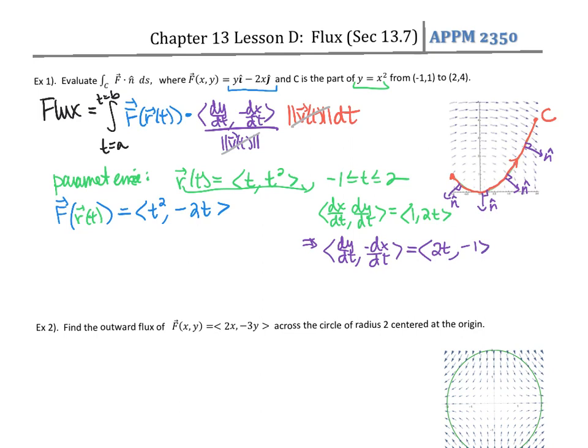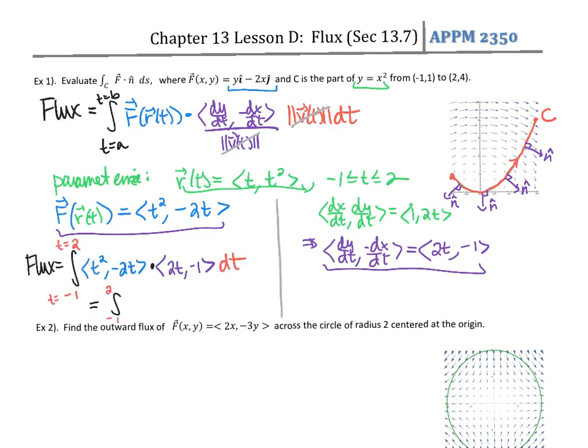So now I'm taking the dot product between these two vectors and integrating, which is going to give us the integral from -1 to 2 of 2t squared plus 2t dt. And when you do that out, we're going to end up with 21 halves.